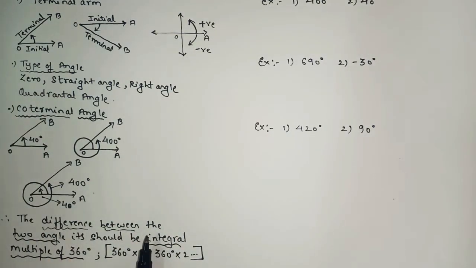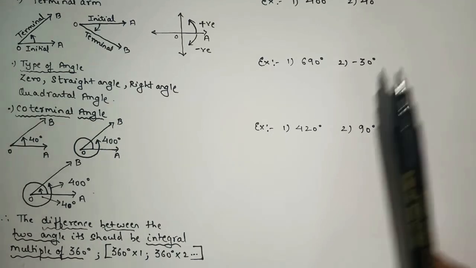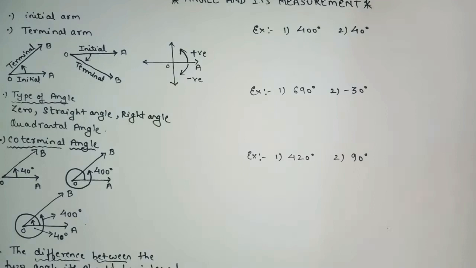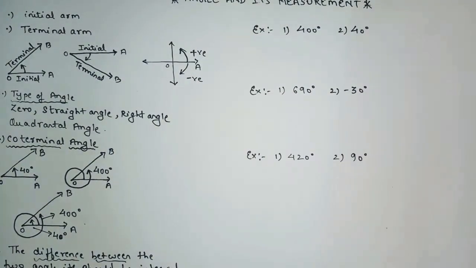If the difference between the two angles is not an integral multiple, in simple language if it is not a multiple of 360, then we can say the given pair of angles does not form a coterminal angle. Okay, so let's have a few examples. Clearly we can see that the first one is 440.